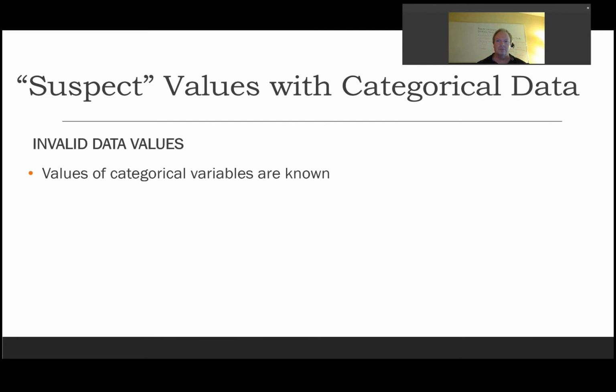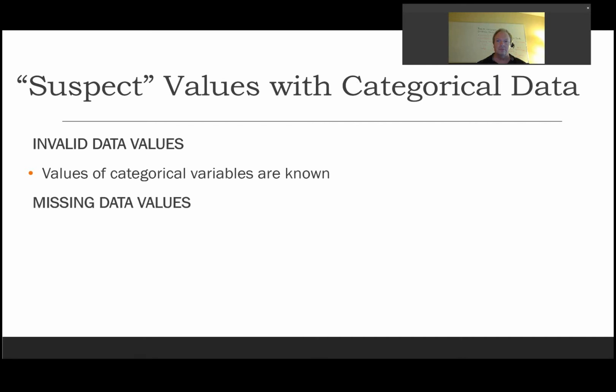For example, if I'm looking at gender, I'm going to expect to see male, female. Now I might see something different. Maybe I'm going to see transgender, I see a T. Then I'm going to have to go back and either talk to the person that collected the data, or I'm going to have to look at the metadata key. But if there's nothing that indicates that there should be anything other than male, female, then I'm going to assume that that is an invalid data value.